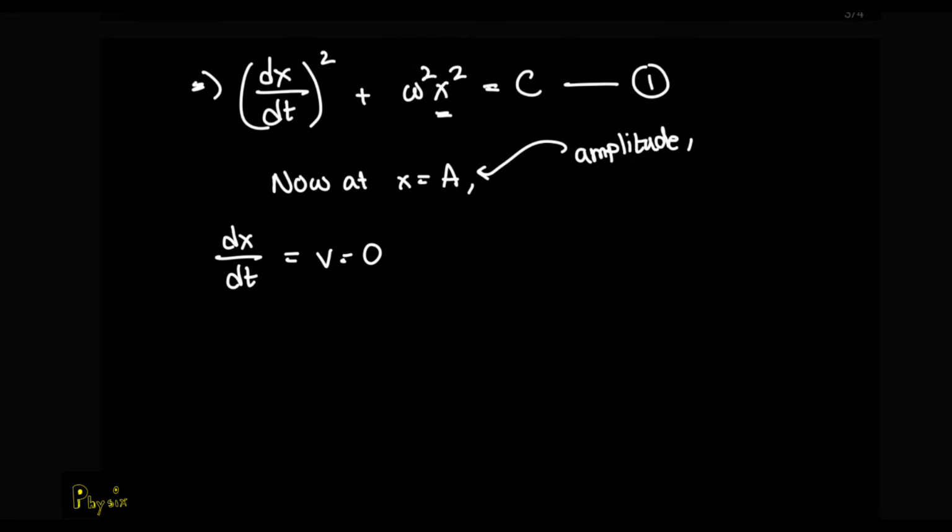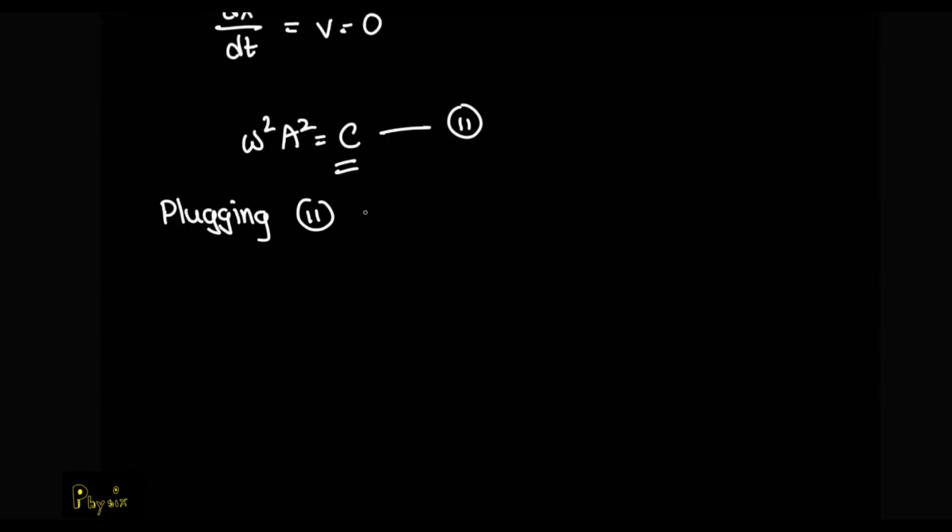We could write equation 1 down as omega squared a squared is equal to c, and label this as equation 2. So now we have a term for our constant c, and if you plug equation 2 into 1, we would actually be getting an actual value for c.